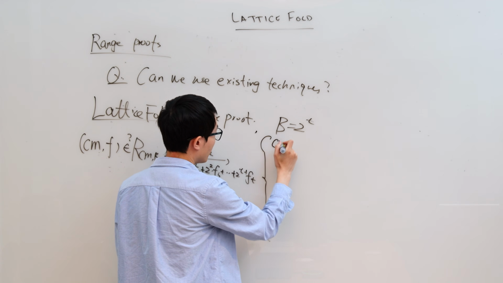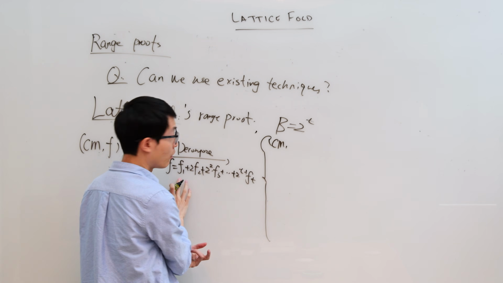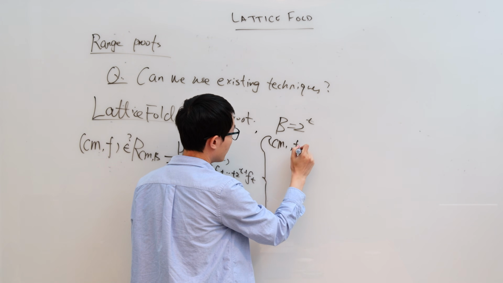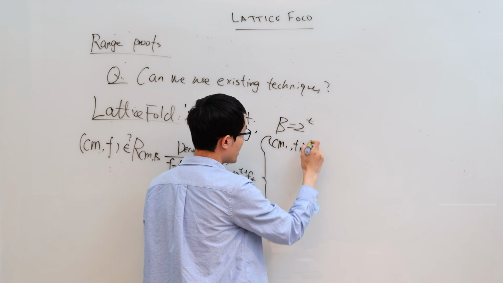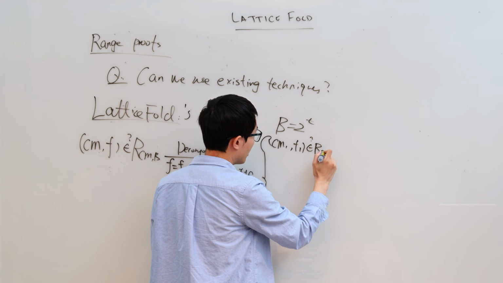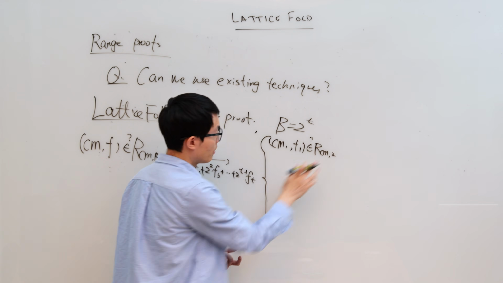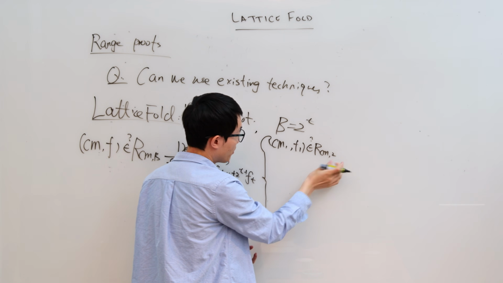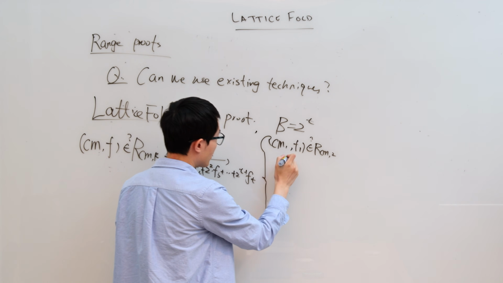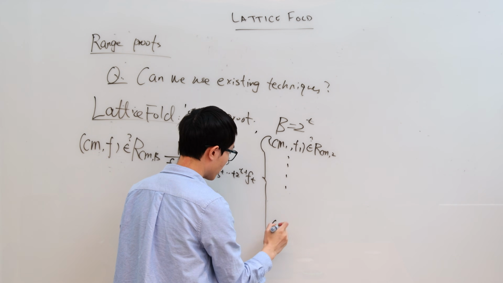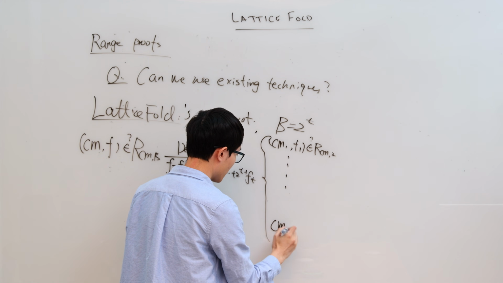Check that CM1, which is the commitment to f1, and f1 are in this new relation, which is RCM2. Because now we only need to check f1's norm is less than 2, and similarly for all the commitments and the vectors.